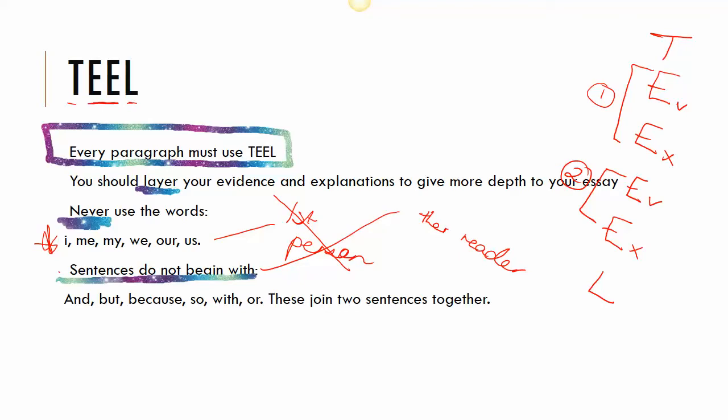So, for instance, I could have the sentence, I went to the shop, right? And, full stop. I bought bread. Okay, now they're two separate sentences, right?